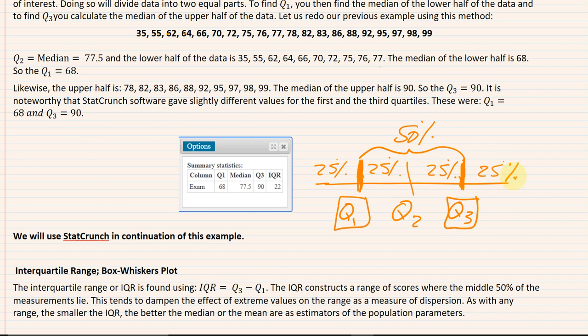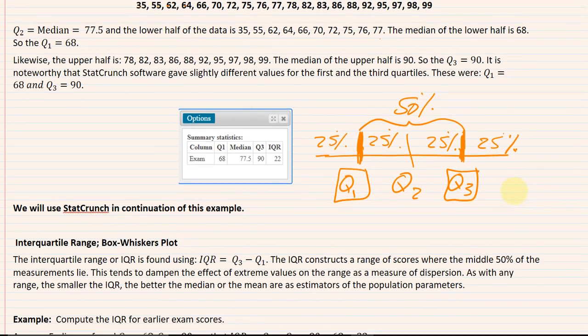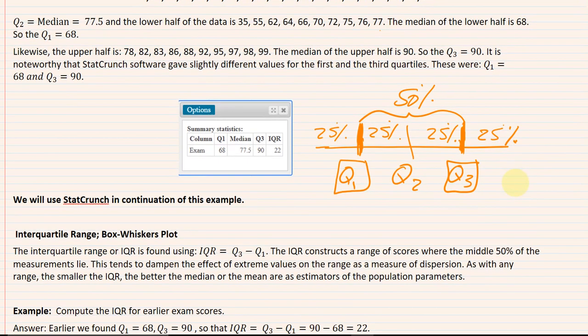But we're hoping that the middle 50% of our data shows more stability and is not as spread out as the extreme ends, which is the max minus the minimum. Remember, the ordinary range is high minus low for the entire data set. So if one person got a 100 on an exam and another person got a 10, that gives me a 90-point range, which doesn't really tell me much about the rest of the scores. But the IQR for that same example is more informative.